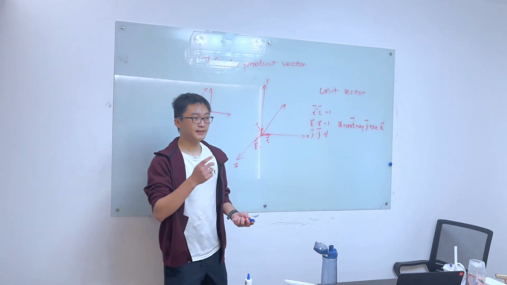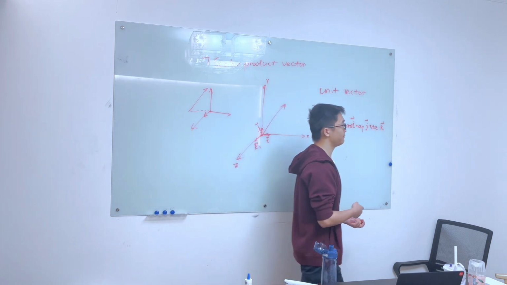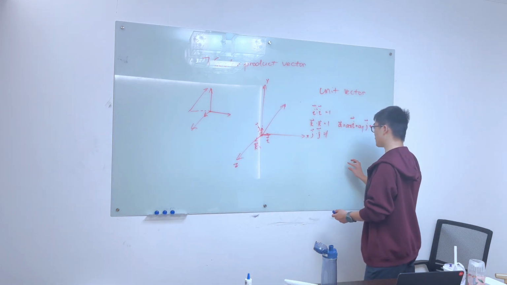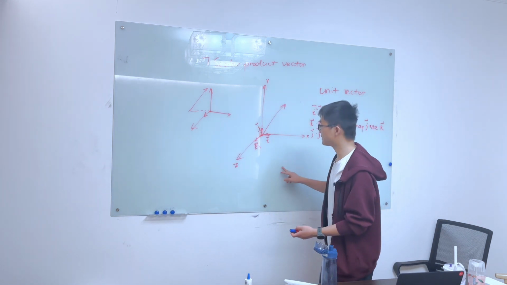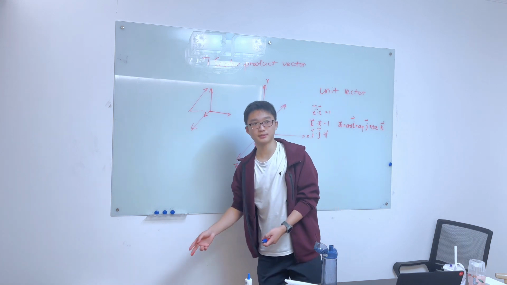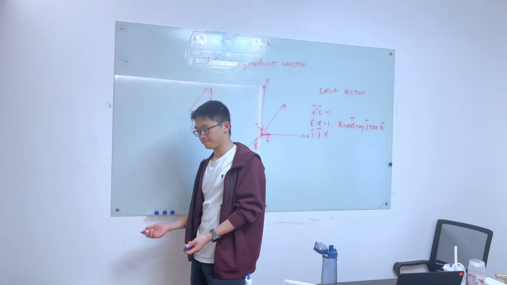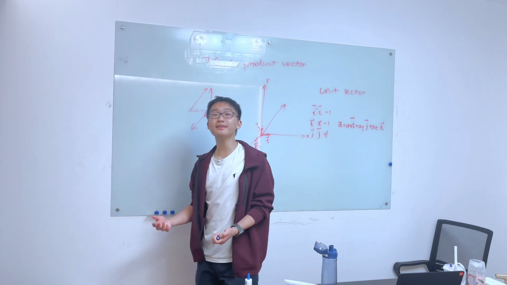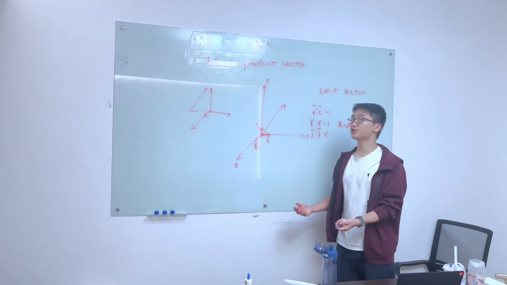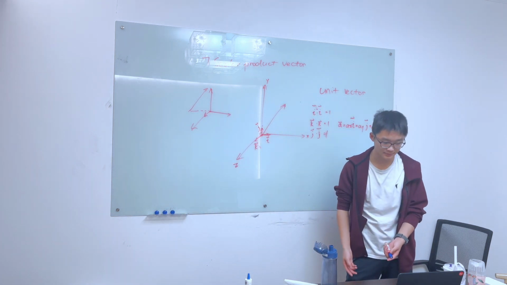And a vector should be the same in every single thing. It should represent the same thing in different coordinate systems.